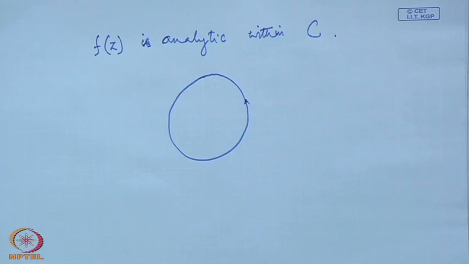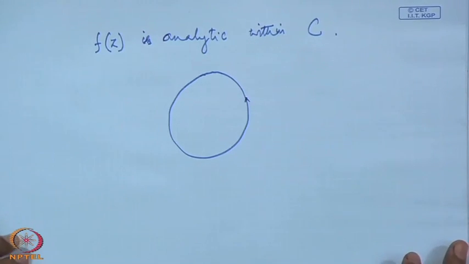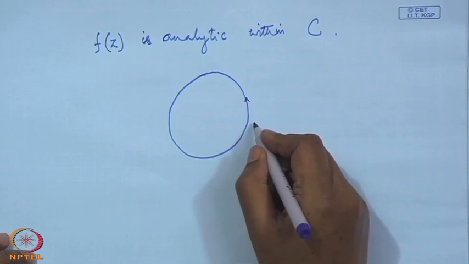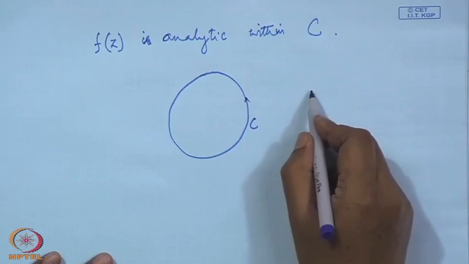Then the integration of this function is also path independent. If we take any path from one point to the other, integration across any path is independent of that choice of path. So, if we have a closed path, the integration of this is 0. So, let us call this itself C.